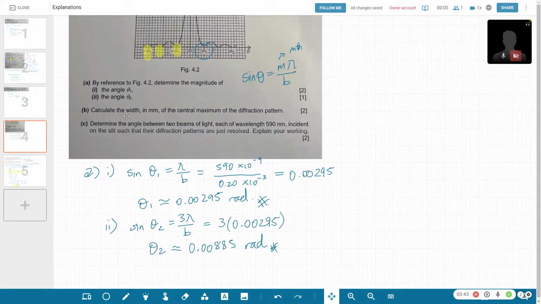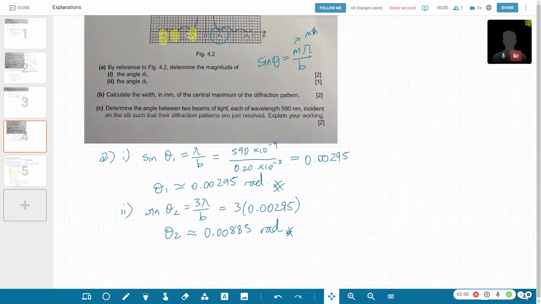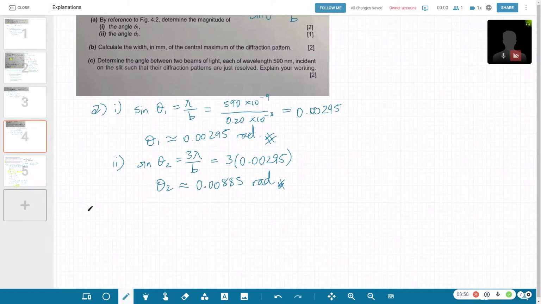Then calculate the width in mm of the central maximum of the diffraction pattern. Here, the screen distance is 0.75 meters. There are two ways to do this. Let me show you the standard way, which is to use a right angle triangle.